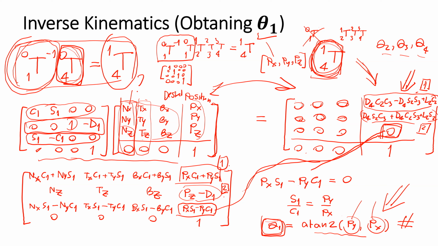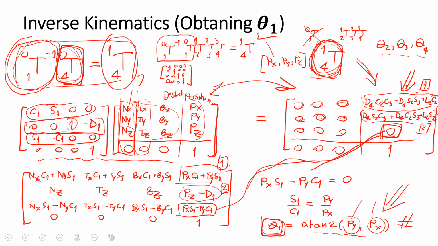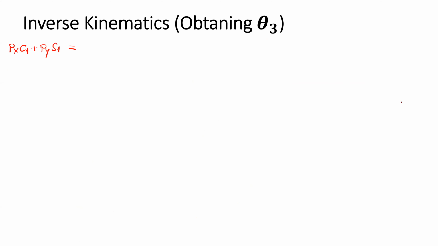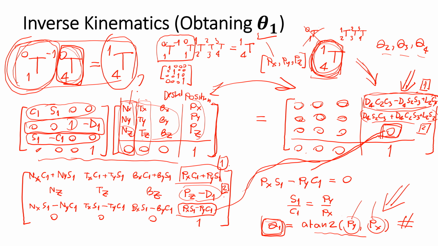We have Px C1 plus Py S1, and it needs to equal this one: D4 C2 C3 minus D4 S2 S3 plus L2 C2.